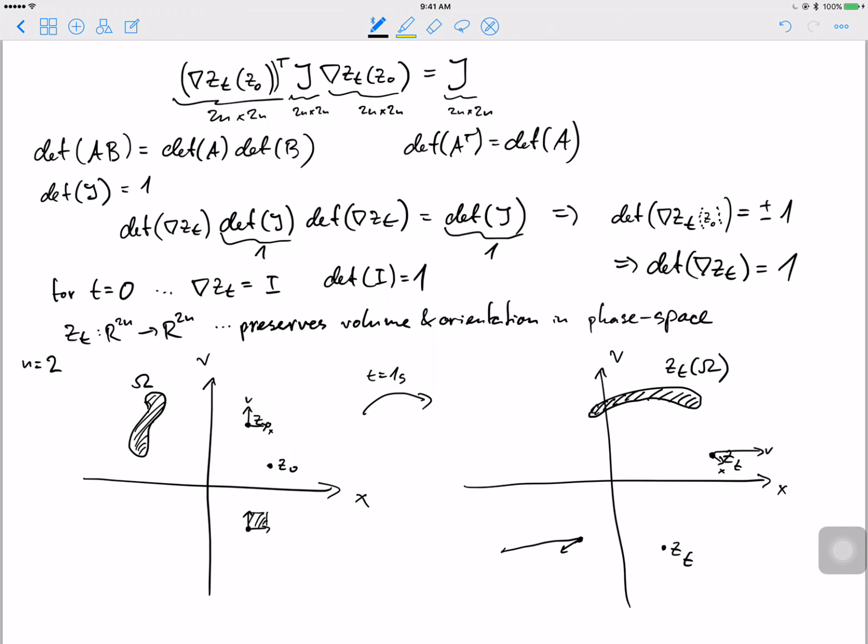It can get squished even a lot. It can get squished to something else, right? But the orientation preservation means that I can still do the right-hand rotation from x to v. Okay?